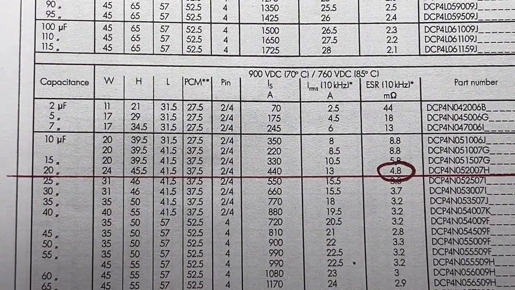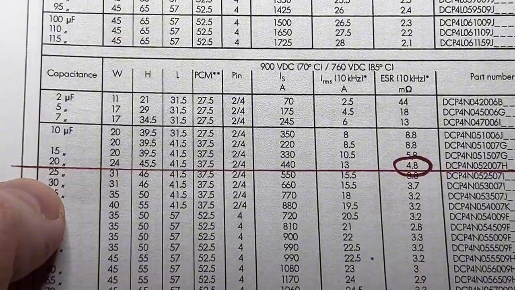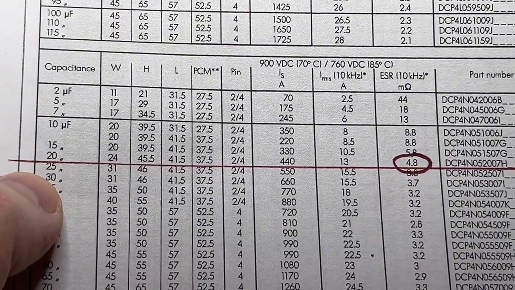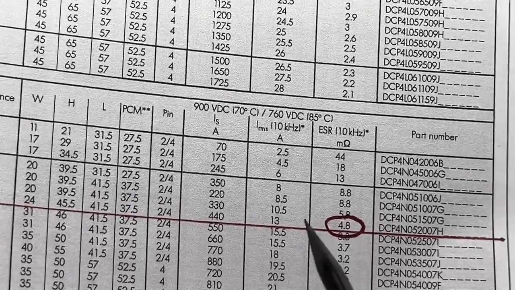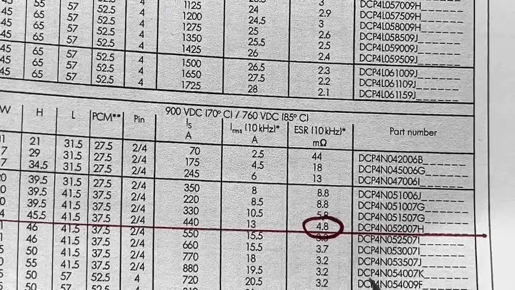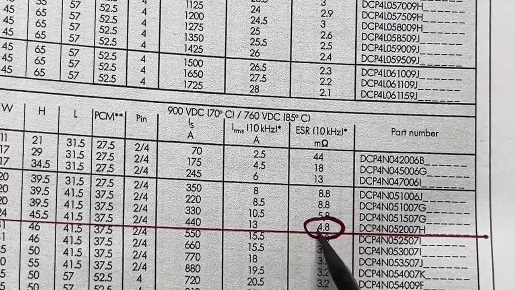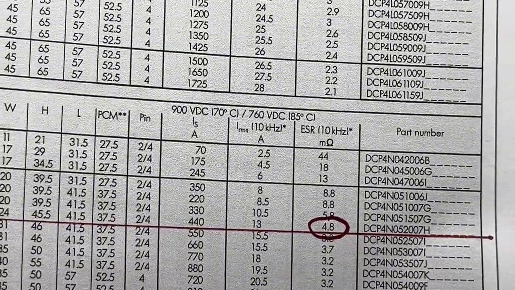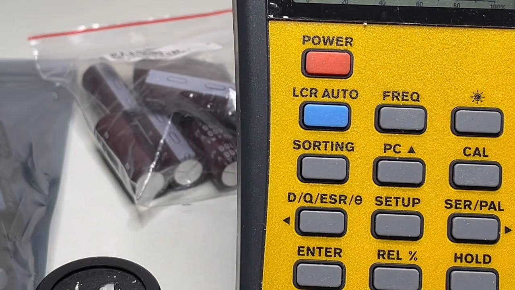But anyway, we have a 20 microfarads here and the 25 one. So the nearest one is the 25 microfarads, and at 10 kilohertz, the ESR should be something near 4.8 milliohms. Let's see if that's true.